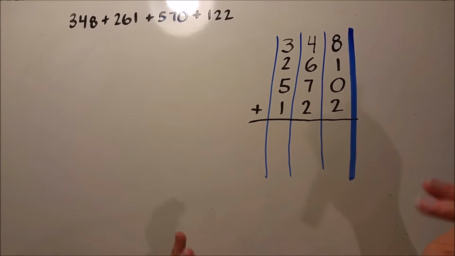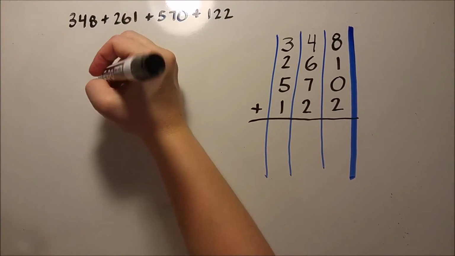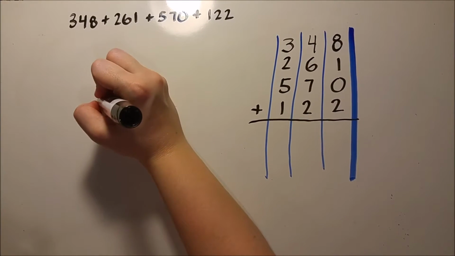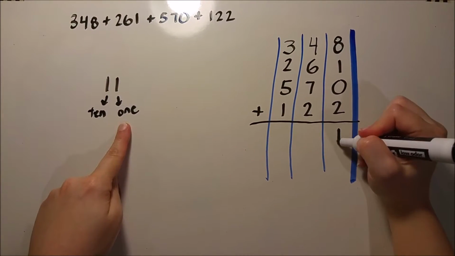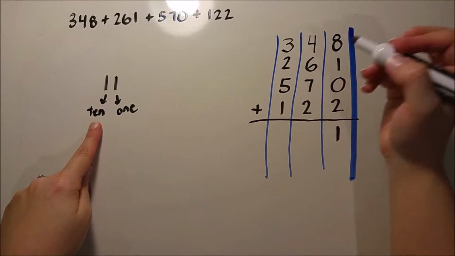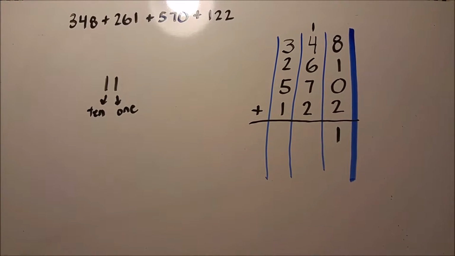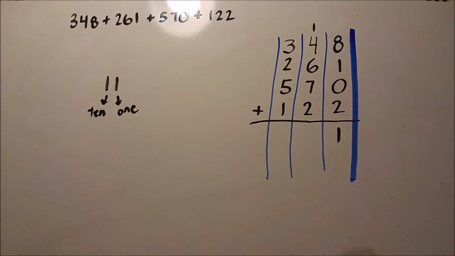So this is where regrouping comes in. So 11 is made out of a 1 and a 10. So we're going to leave this 1 digit here, and we're going to carry our 10 digit to the next column. We're saving it for this next step because we want to group that with the rest of these 10s.